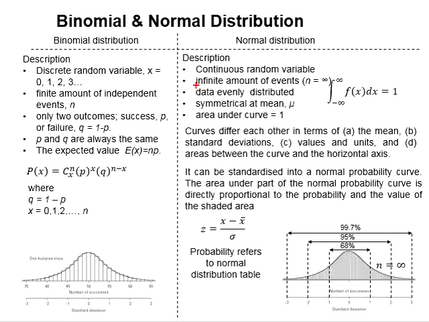The data here are evenly distributed, and it is symmetrical at the mean value, and the total area below the curve will equal 1, as represented by the equation here. Integration of the curve from negative infinity to infinity will equal 1.